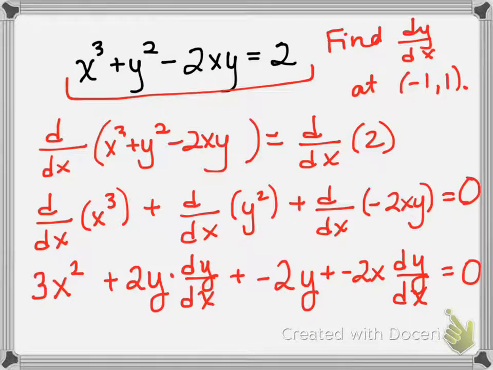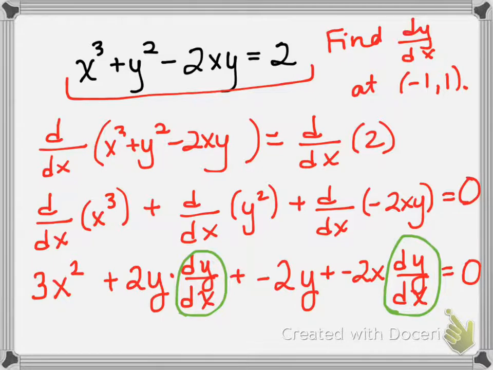Now at this point we want a formula for dy dx. Right now you can either solve for dy dx. We've got a dy dx here and a dy dx here, so we can move everything that doesn't have a dy dx in it to the other side, and then get dy dx by itself.